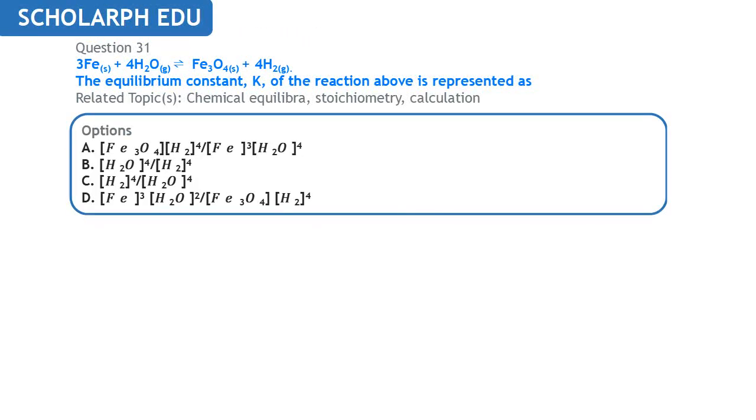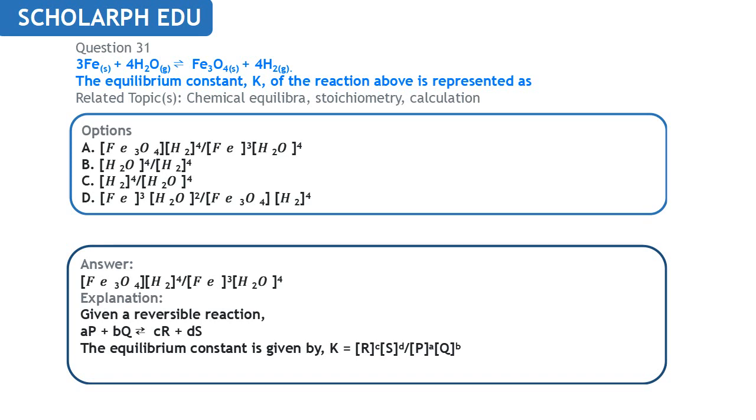The equilibrium constant K of the reaction above is represented as: we are going to take the concentration of the products over the concentration of the reactants. Let's do something simpler.